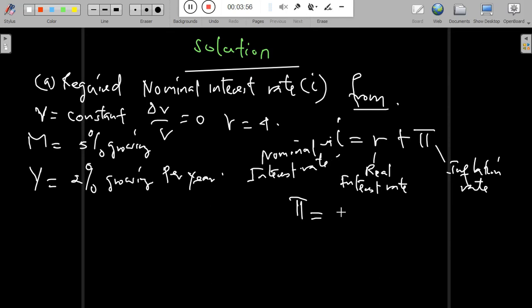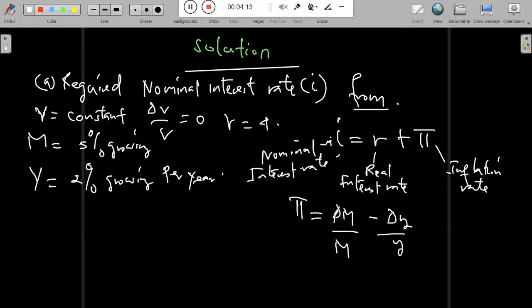And the inflation rate is given by taking the change of money supply over L, then minus the change of output over Y.